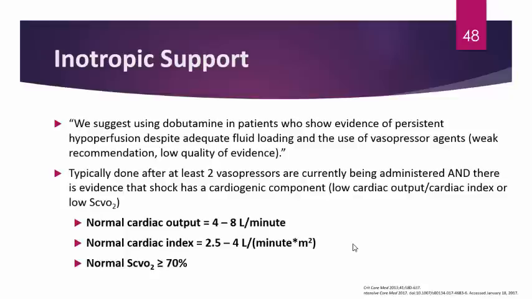So your output is typically a lot higher in sepsis. But in the event that it's not, you should start an inotropic agent like dobutamine. These values will be very important for you to know, so that's why they are bolded. You must know the normal ranges for these values.